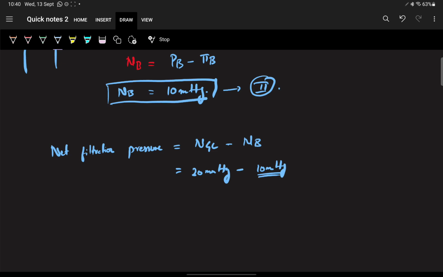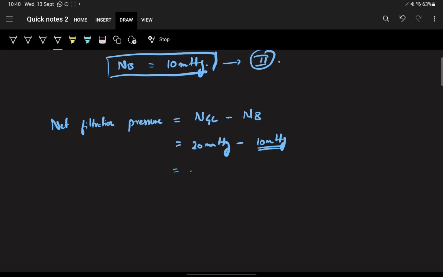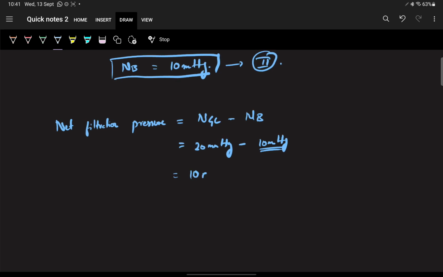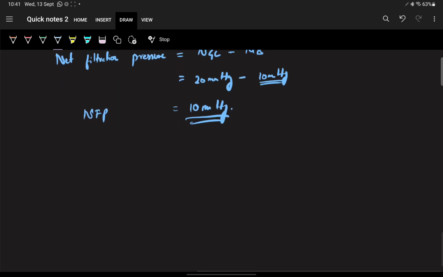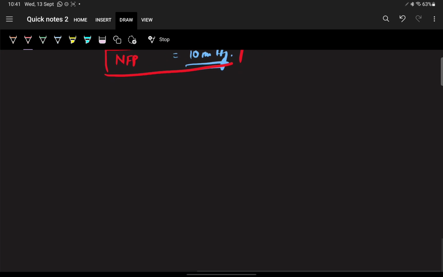So 20 minus 10 is equal to 10 mmHg of the net filtration pressure. Let me draw this with a different color. So the net filtration pressure in total is 10 mmHg.